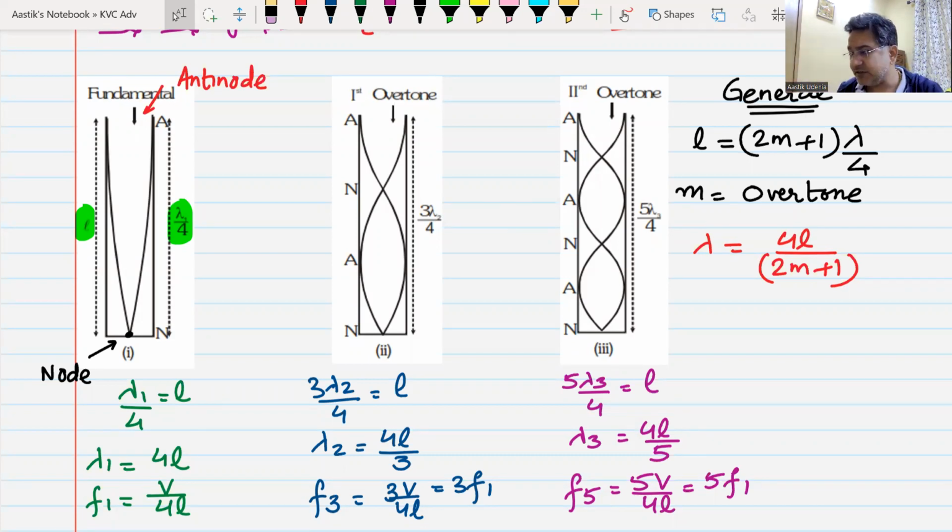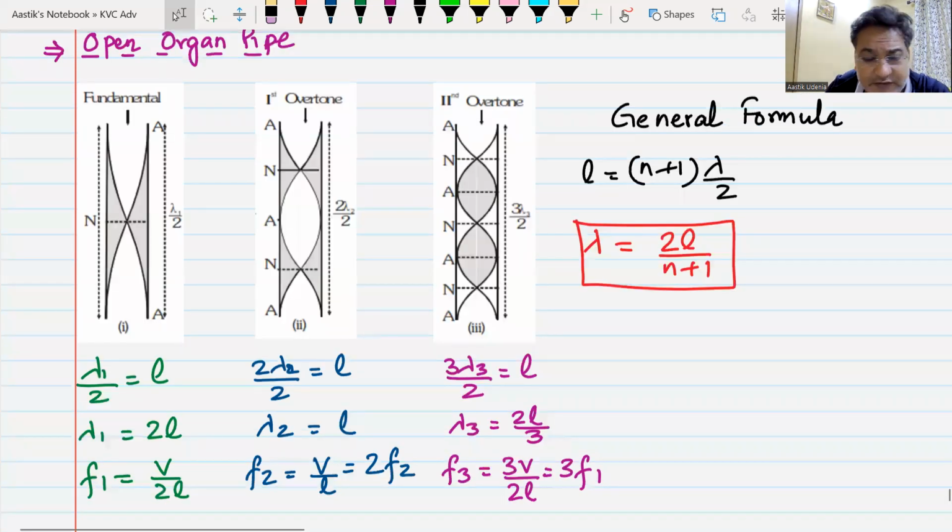We had seen the general formula as well in terms of overtones. We remember this formula, yes or no? Yes, sir. Then we had seen this open organ pipe, which is same as a string fixed at both ends. The only thing is we have antinodes at the open end. Remember, these are antinodes of displacement and not pressure, because in terms of pressure, the wave looks like this.